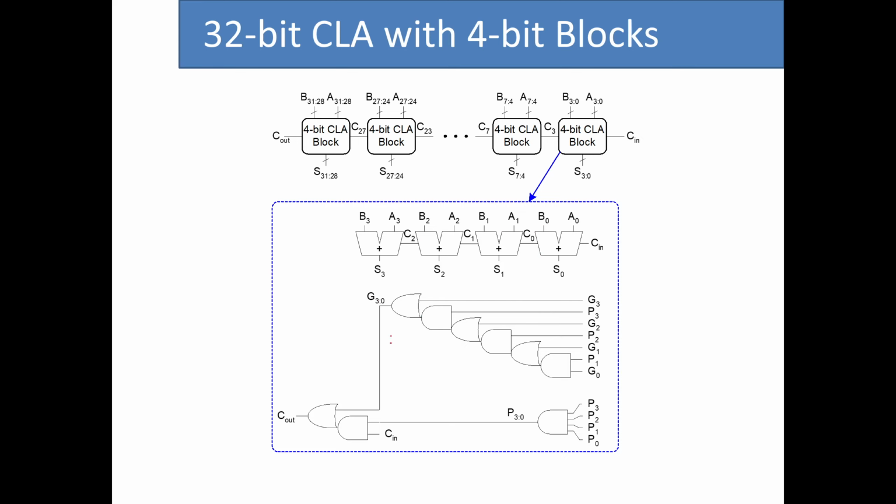What we do is add this additional circuit that calculates the carry out for us much faster than if we waited for these carries to ripple through these 4 stages. So each block has these 4 full adders in addition to this circuit that calculates the carry out of that block.